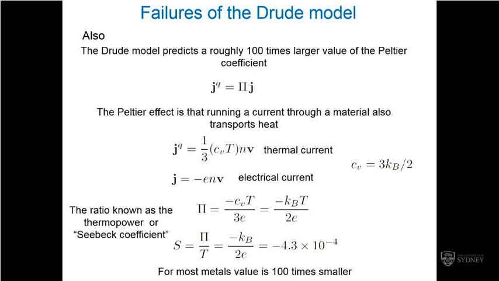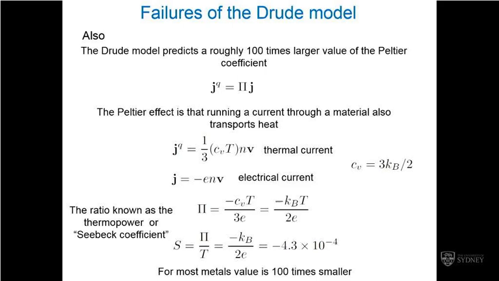It's given by this symbol here, large sigma, and it is the constant of proportionality between the thermal current density, JQ, and the electrical current density. What he has used here for the thermal current is from the textbooks. I am not going to derive it, but you can read about it in the textbooks that I've referred to.